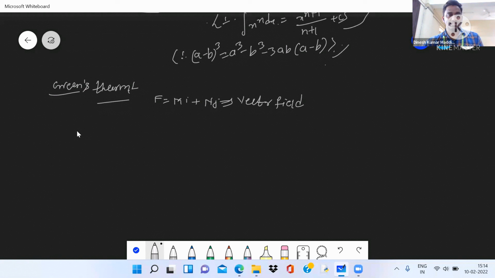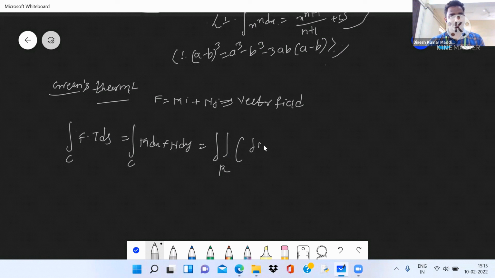Then the integral over C of F dot dr, which is the integral over C of M dx plus N dy, is equal to the double integral over R of (dou N by dou x minus dou M by dou y) dx dy. Okay? So we will solve one problem, then only we will get the proper idea.